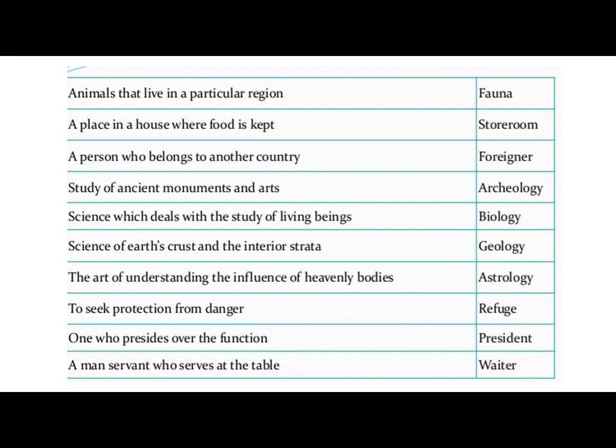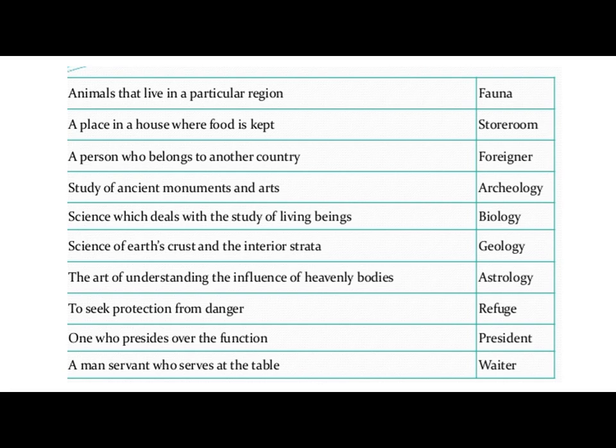Animals that live in a particular region: fauna. A place in a house where food is kept: storeroom. A person who belongs to another country: foreigner. Study of ancient monuments and arts: archaeology. Science which deals with the study of living beings: biology.